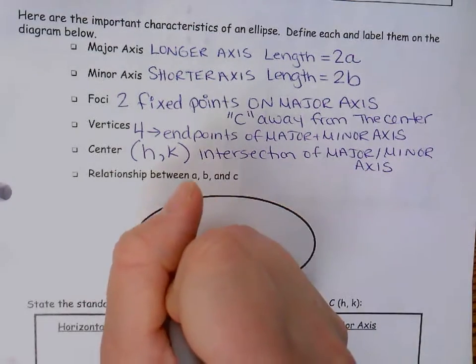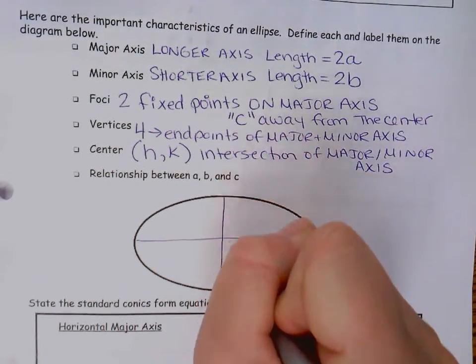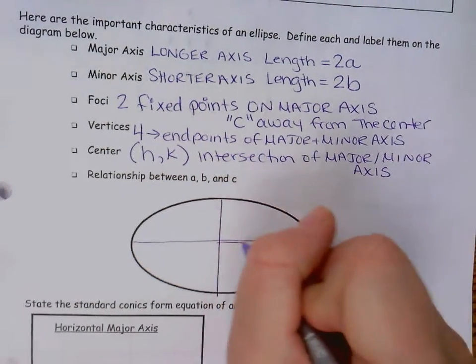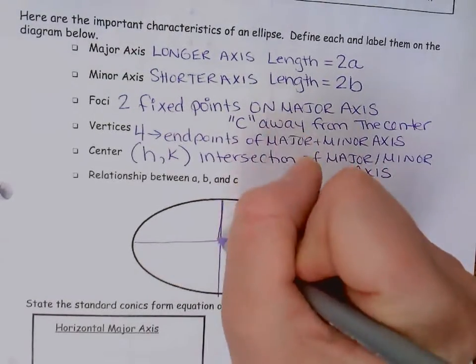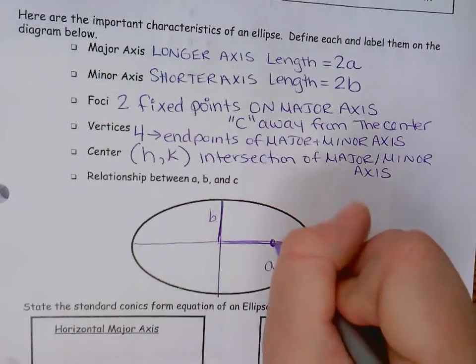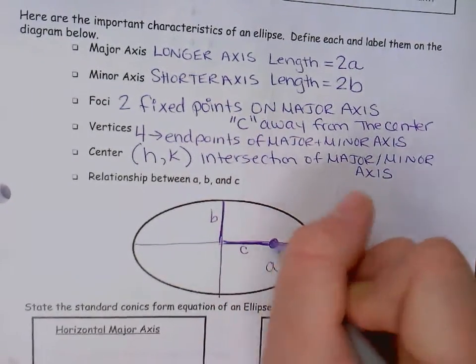I want you to draw in a major axis and a minor axis. So this is a, this is b, and this distance right here is considered c. So this is my focus.